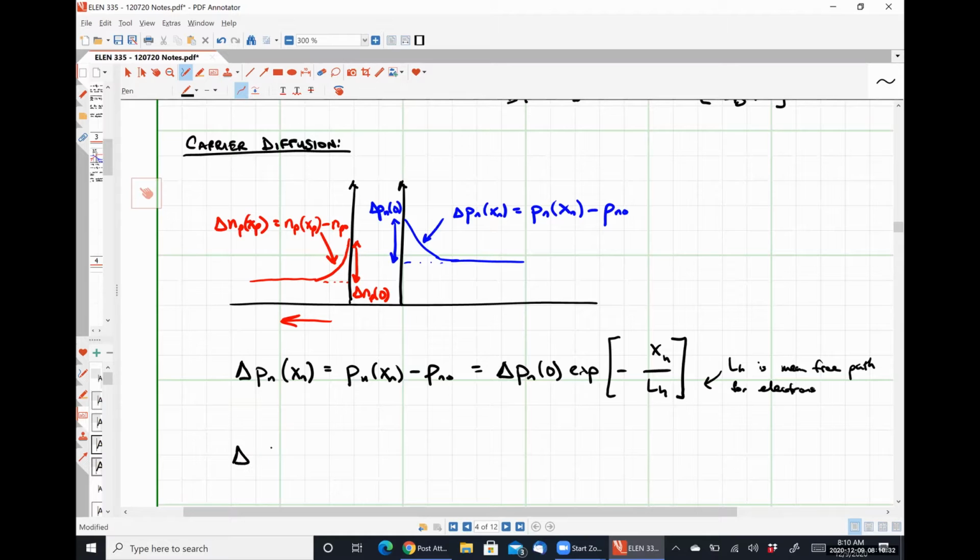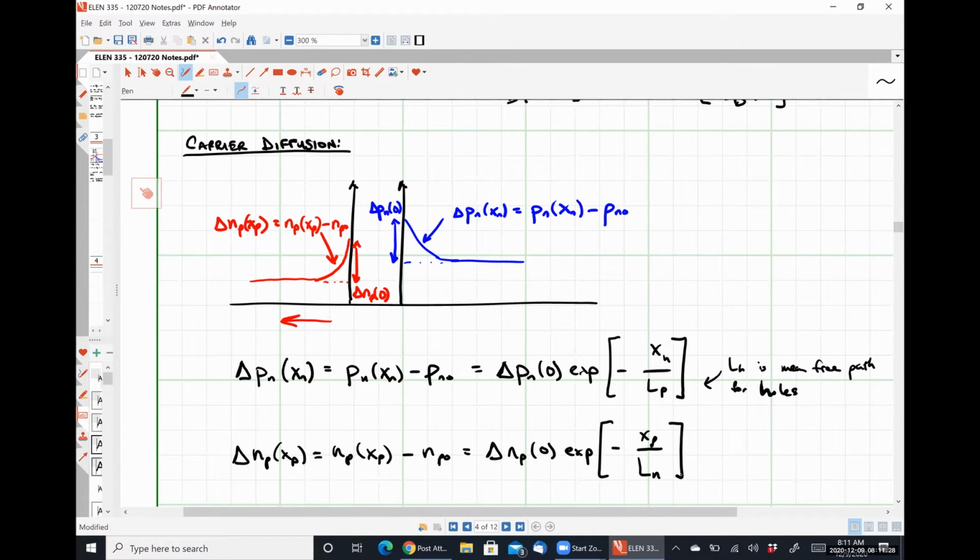Then we are going to have delta Np is equal to Np(xp) minus Np0, which is delta Np at 0 times the exponential function of negative xp over Ln.